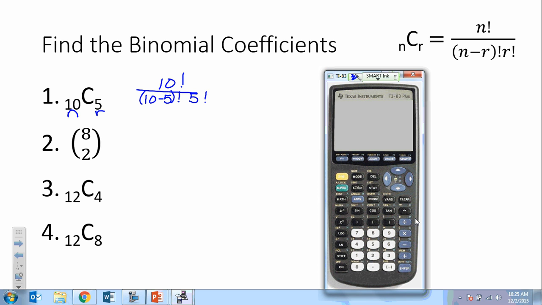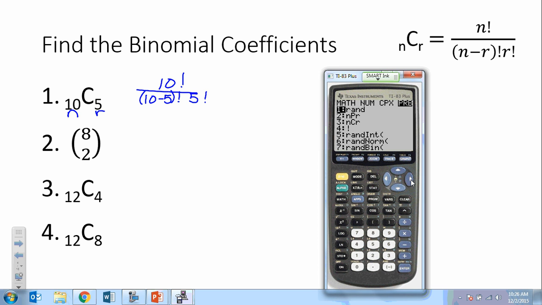When we do this on your calculator, remember, in the math section over by probability, we have our factorial button. So we'll use that first to make sure you understand what we're doing here.